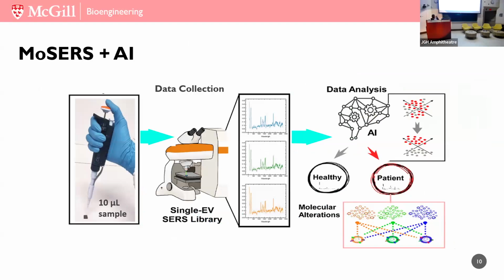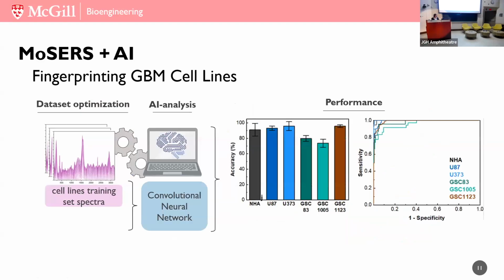We developed a machine learning algorithm that can help us extract information from this spectral peak to do binary classification between healthy and patient samples, and also understand the molecular alterations.